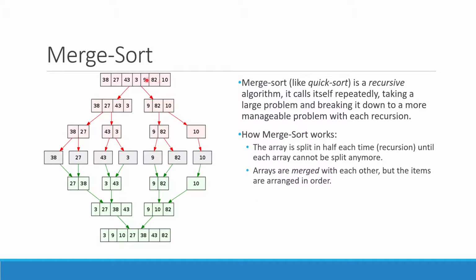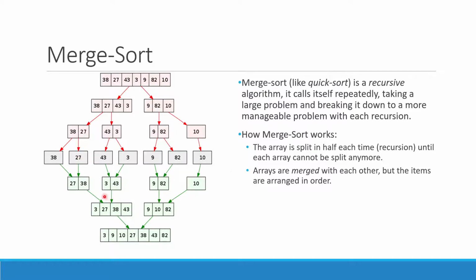But the difference between quicksort and merge sort is what happens when we're recombining the divided arrays. So eventually, as we break this array down into its individual parts, what happens next is that we start reassembling the array, but we put them in ascending order.